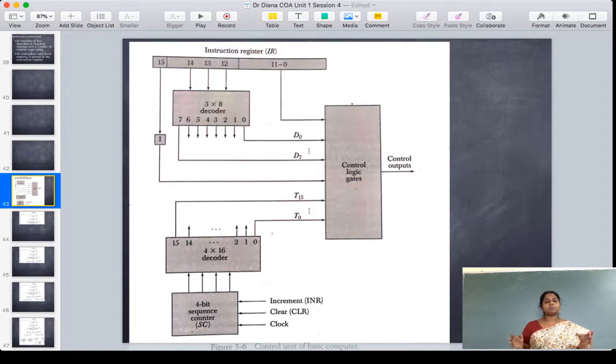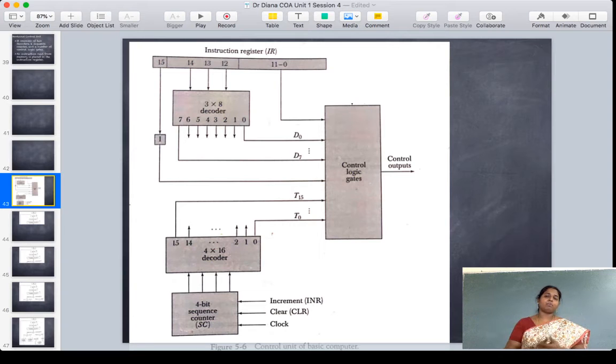So we started with the basic design and said we have a decoder which is a 3x8 decoder. This decoder derives its input from the opcode bits, bits 14 to 12 of the instruction register. So the user's instruction which has to be executed is present at the instruction register.